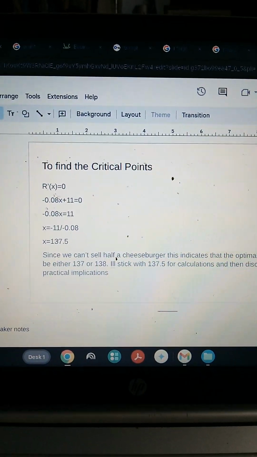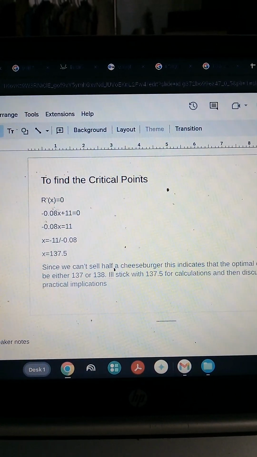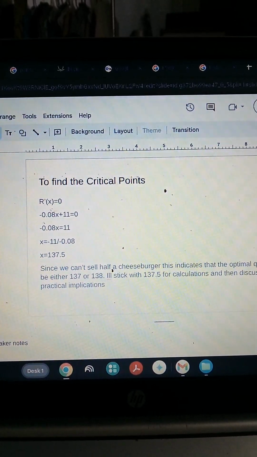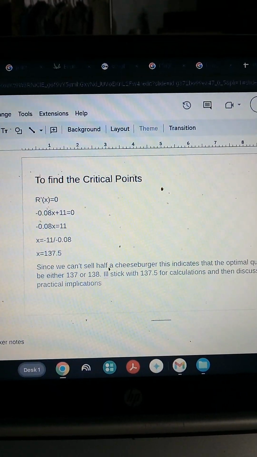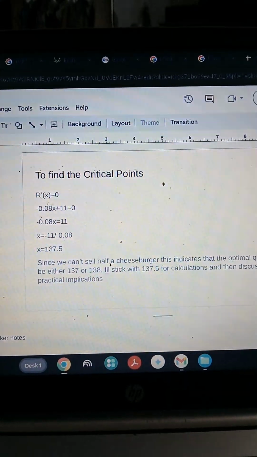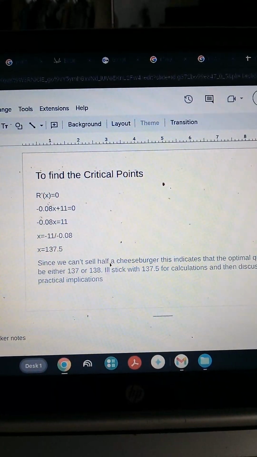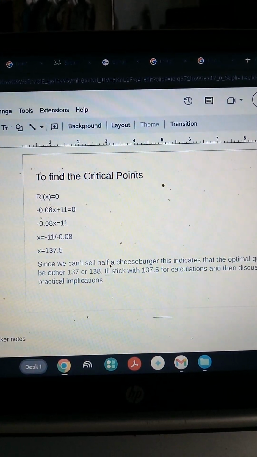To find the critical points, we put the first derivative and set it equal to 0. So negative 0.08x plus 11 equals 0. We subtract 11 from both sides, and we get negative 0.08x equals negative 11.